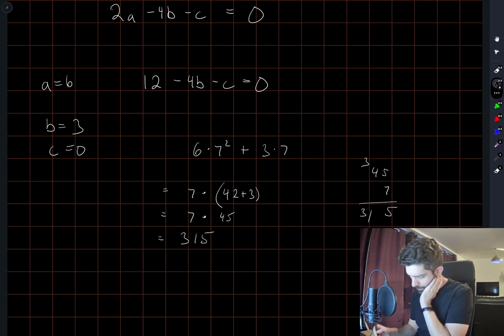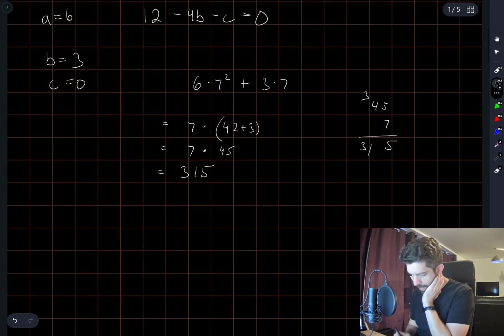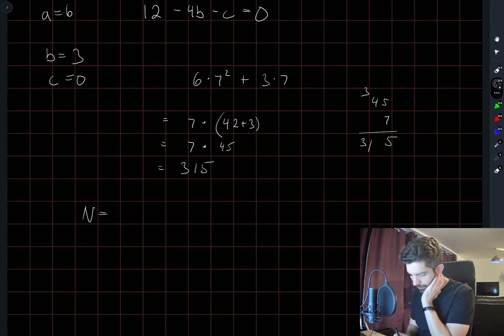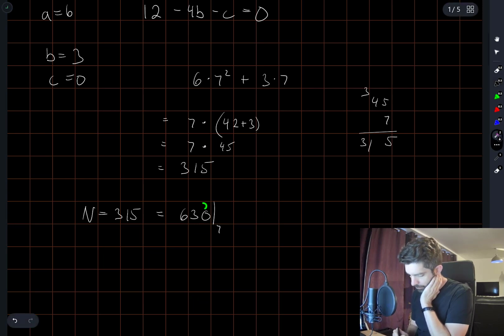So the base 7 representation of n is 630, and 630 is twice 315. Okay, so now this is the largest.